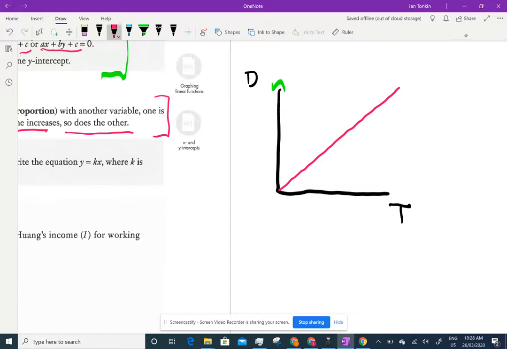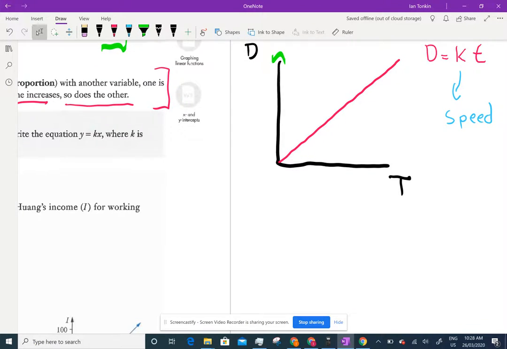And so your distance equals some constant times your time. And that rate becomes the speed. So if you're traveling at 50 kilometers an hour, and we know that that varies and it's not always a straight line, but that's direct variation. As the distance goes up, the time goes up. Or as the time goes up, the distance goes up. And that's just a straight linear relationship.